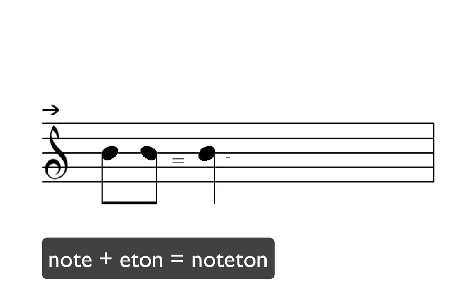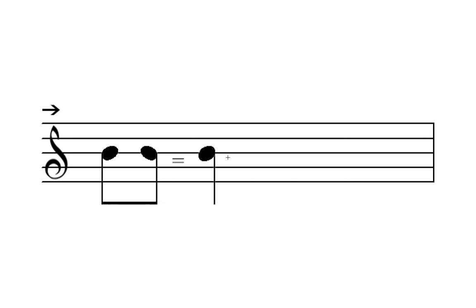So a noted tone means that we play first a note and then an E-tone. The advantage of this symbol is that we use one symbol to indicate the connection of both consecutive record movements. So we speak of a noted tone, but the requirement is that we move the record both forward and backward in nearly the same speed and duration.